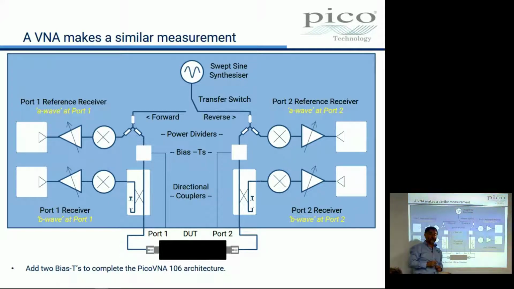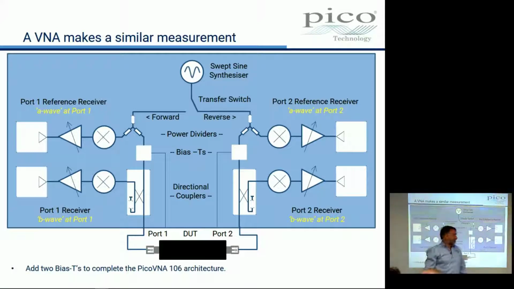And this is what people do when they're testing active devices. So bias T's are really quite important, and they're usually quite expensive options on most of our competitors, or they're not available at all. But they are available here, and we don't charge for them. So bias T's, so that we can inject, this would be a bias for the gate or the base of a transistor, and this would be the bias for the collector or the drain.